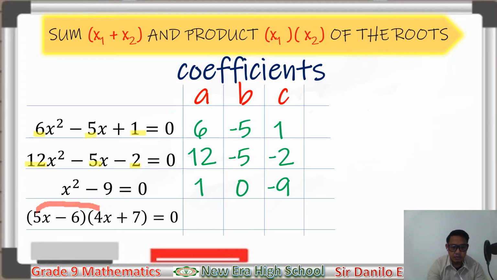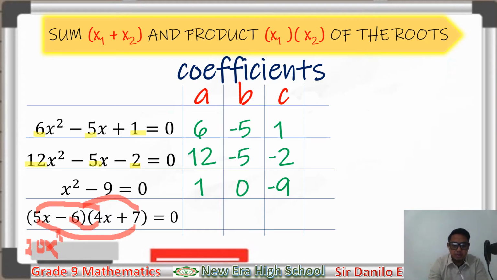Then the outside, then the inside, then the last term. 5x times 7 is 35, and this one is negative 24, so 35 minus 24, I think that's 11.